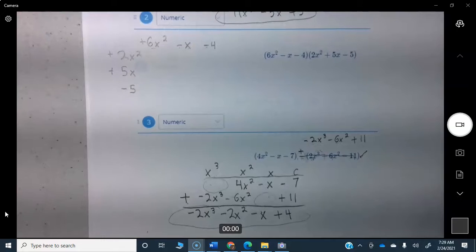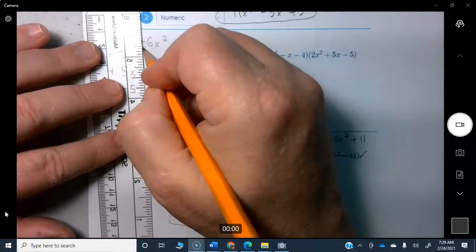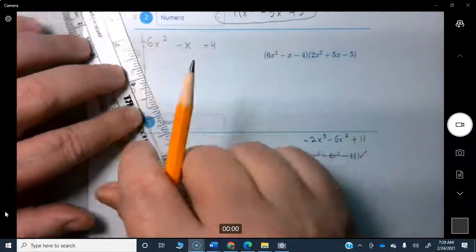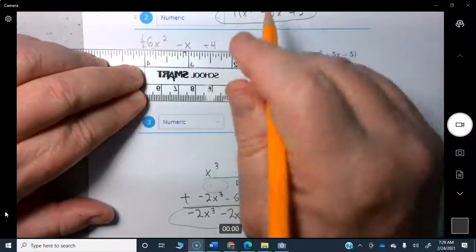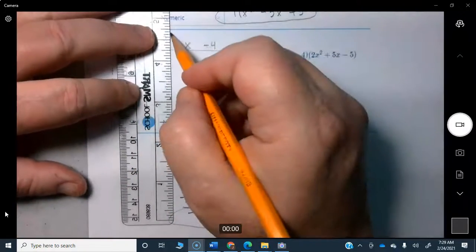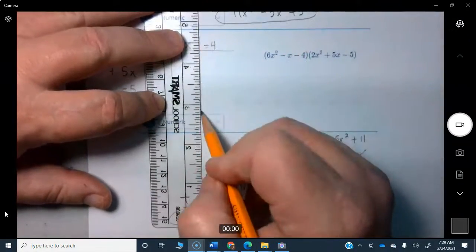All right, you don't have to draw lines, but it's sometimes helpful to keep things straight. So, like that, and like that. And I'm going to go ahead and make it into a true grid here with all the lines.